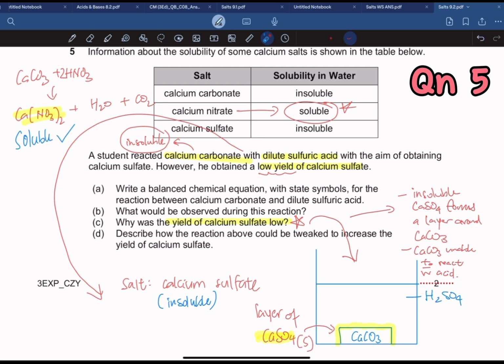Basically, change the starting reactant. We don't use calcium carbonate as the starting reactant. We can just start with calcium nitrate. But if we don't have calcium nitrate, we have nitric acid on hand. We can just react calcium carbonate with nitric acid first, get some calcium nitrate solution, then we proceed to the precipitation method. Okay, so I hope you get an understanding of what salts is about.